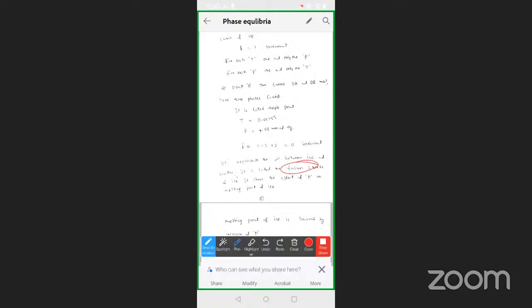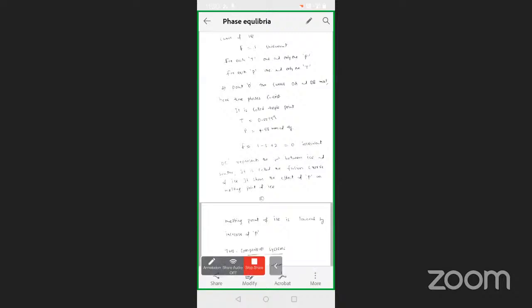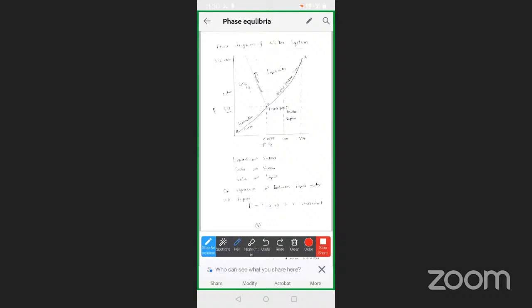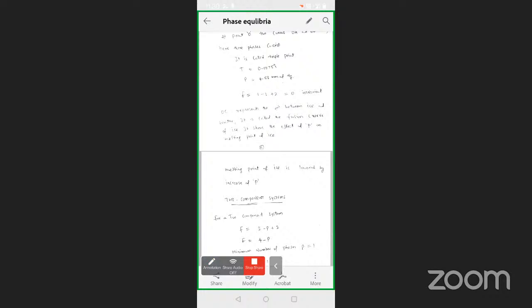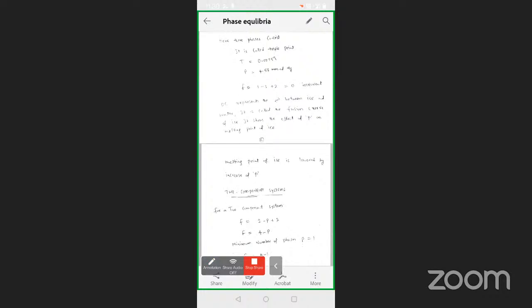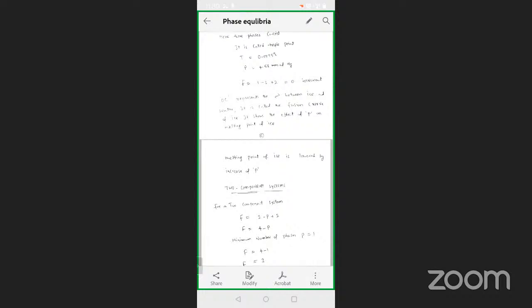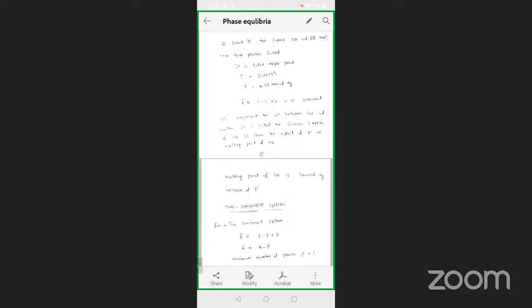It shows the effect of pressure on the melting point of ice.